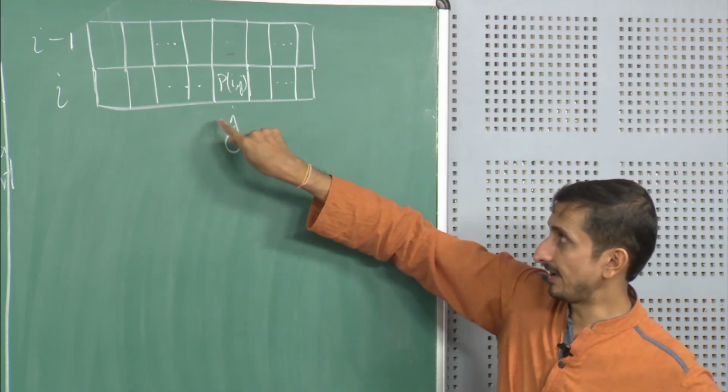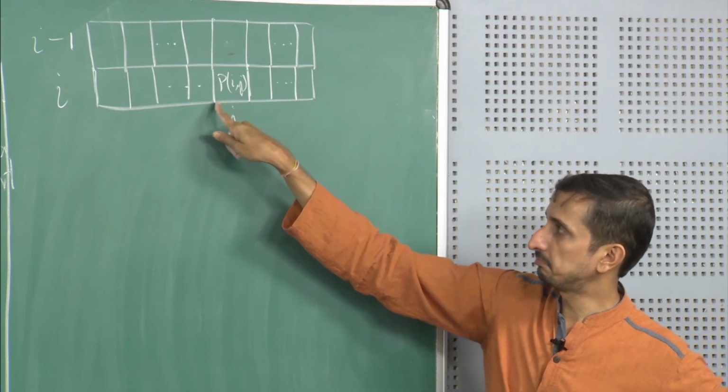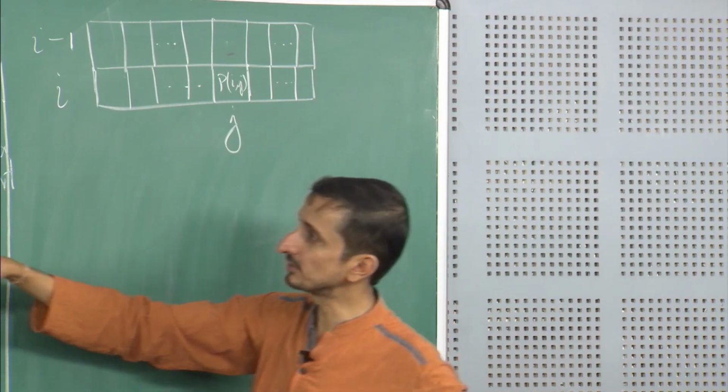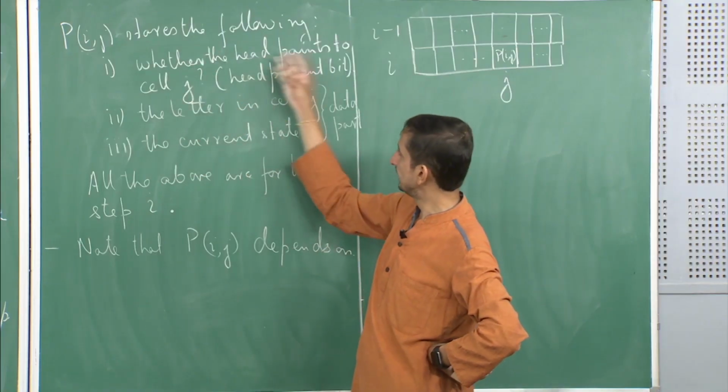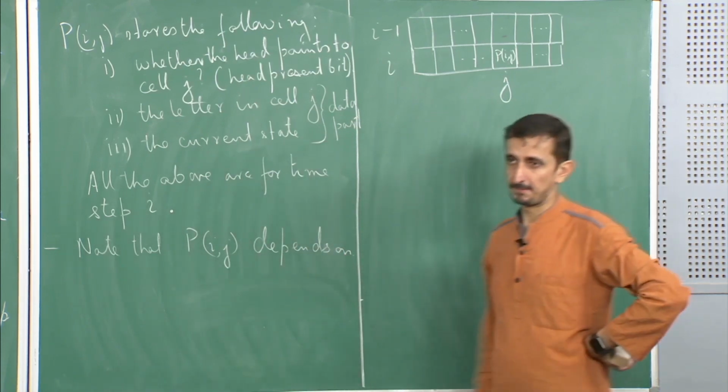If I have to decide what will be the contents of this cell, I have to set three things: the current head position, the current letter, and the current state.